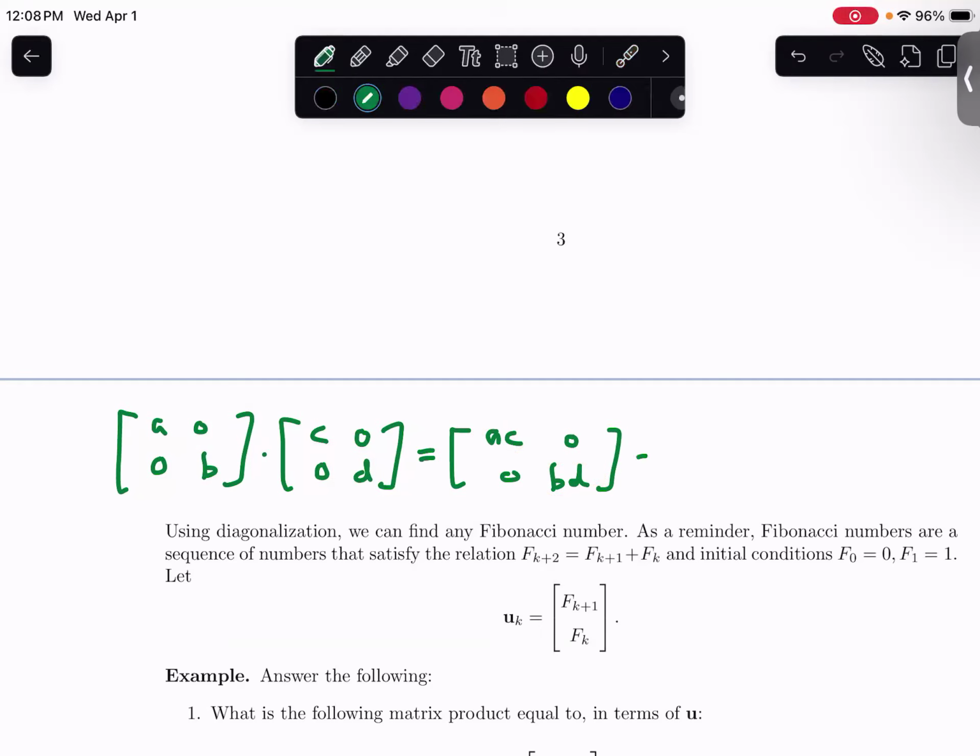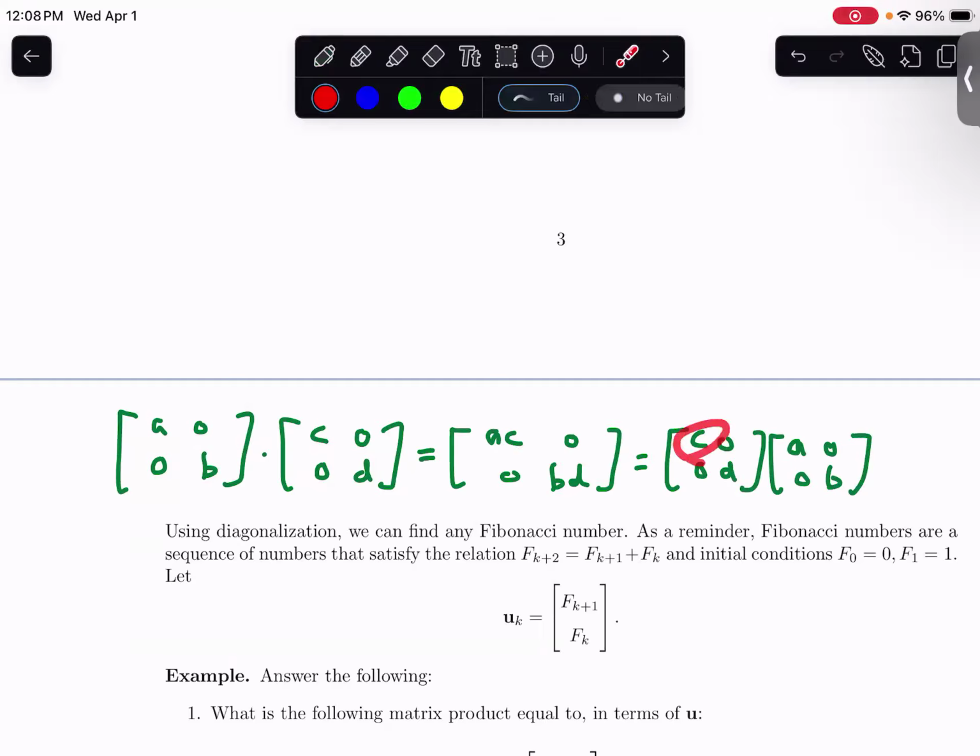And this would be the same as just doing C, 0, 0, D times A, 0, 0, B, right? Because then you'll get C times A, which is the same as A times C, because these are just real numbers. You would have the dot product of this with this would just be 0. This would be 0. And then you get B times D here. So this is just demonstrating that when you have diagonal matrices, it doesn't matter the order in which you multiply them, right?